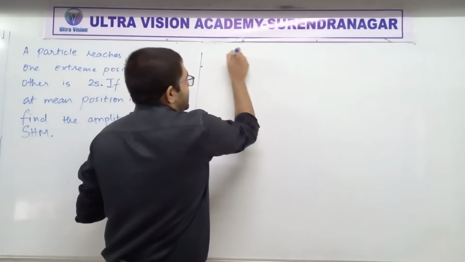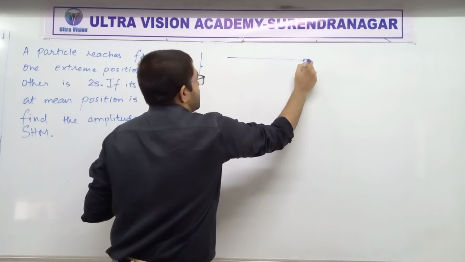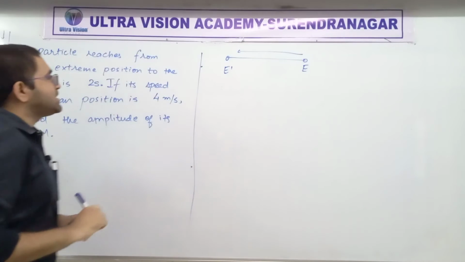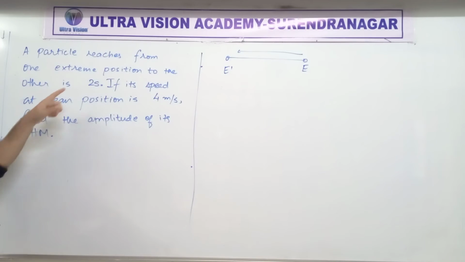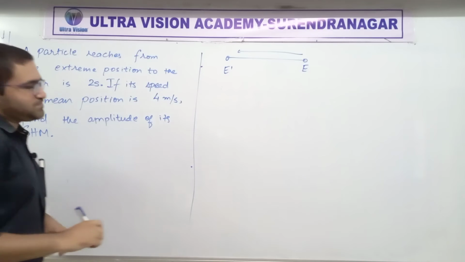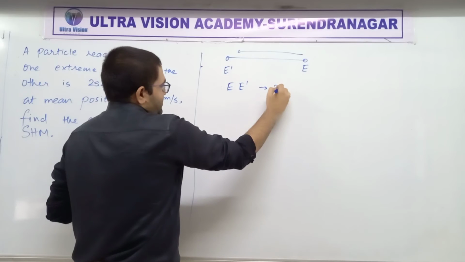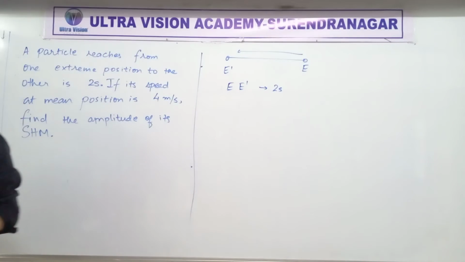So what it's saying is that going all the way from E to E dash takes how much time? Takes 2 seconds. Right? E to E dash takes 2 seconds.